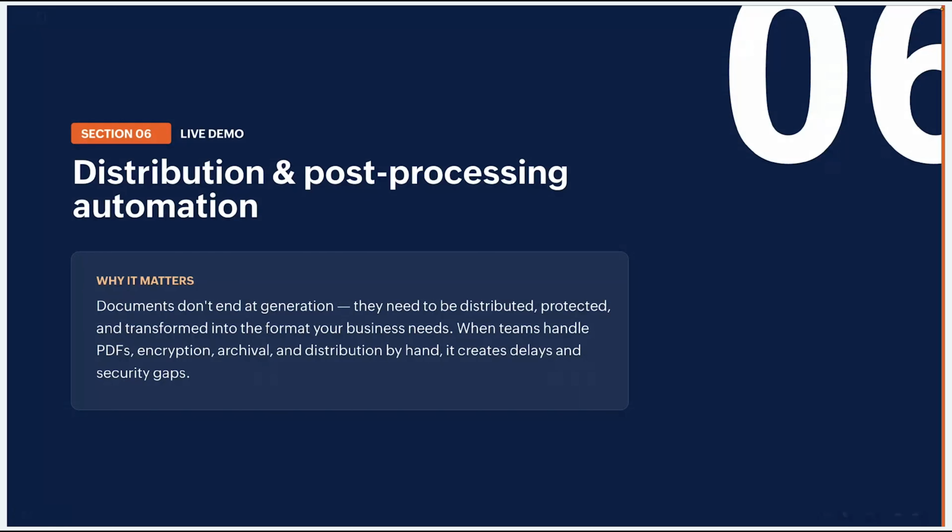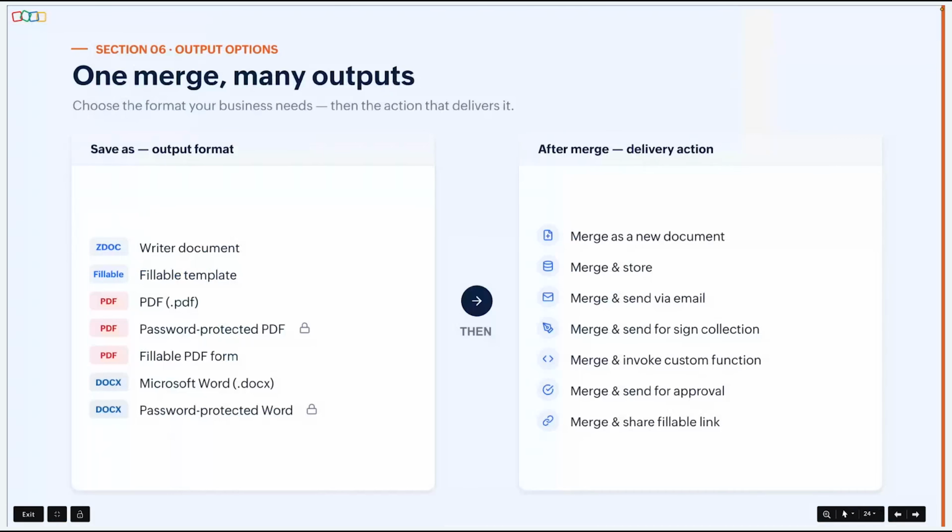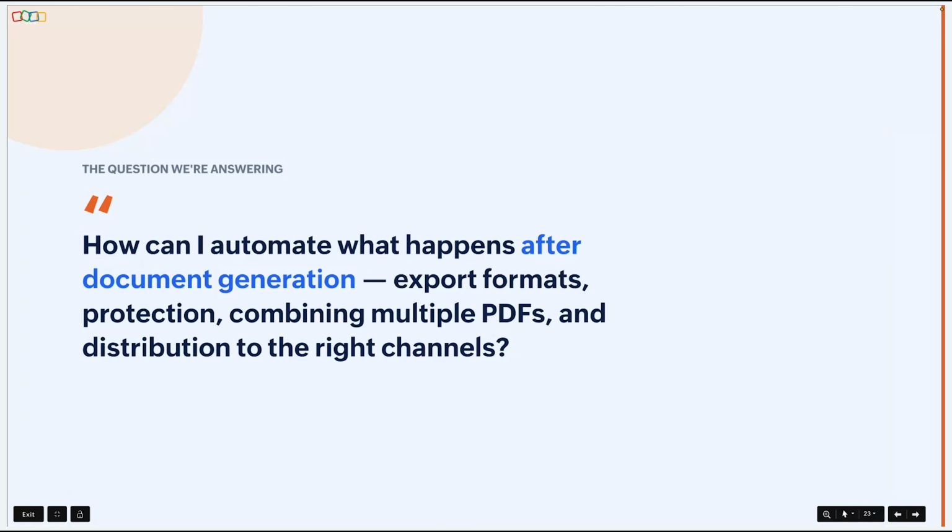If all of that is manual, you're barely saving time even with automation. So the question here is, how can someone automate what happens after document generation, including export formats, protection, combining multiple PDFs, and distribution to the right channels?